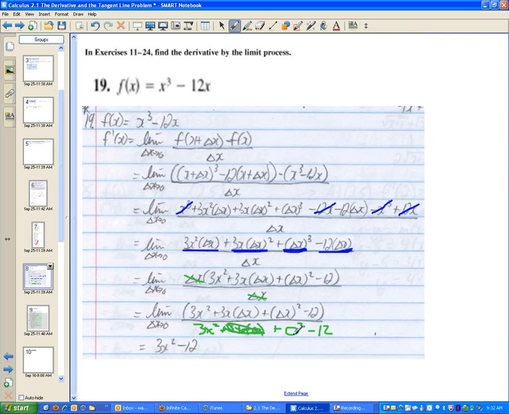So that's a 0, that's a 0. I get 3x squared minus 12. Yeah, because it's delta x that's approaching 0.